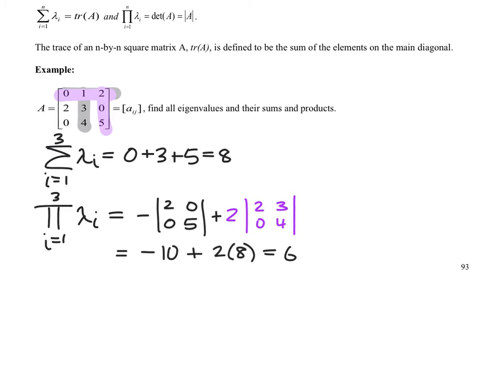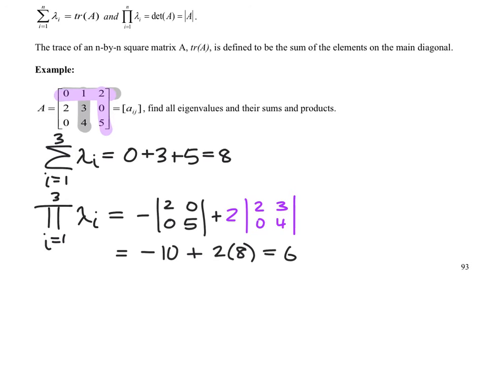But if it were 2x2, I would write one equation as x plus y equals 8, and another where x times y equals 6. Substitute one into the other and solve, and then I'll have both of my solutions. So that could be a useful application of this because it's a very quick way, especially for 2x2s, to get a hold of your eigenvalues without having to do much in terms of calculations.